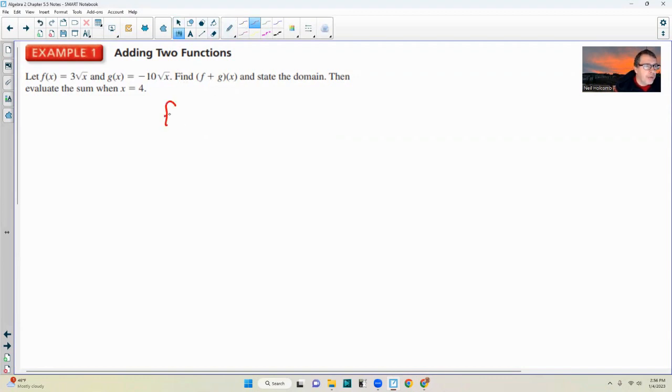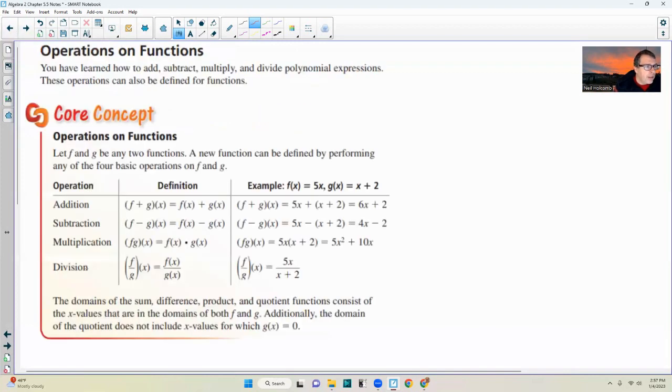So the first thing I would write is f plus g of x equals f of x plus g of x. Going back, f plus g of x is the same as f of x plus g of x, and all you do is take the one function and add it to the second.